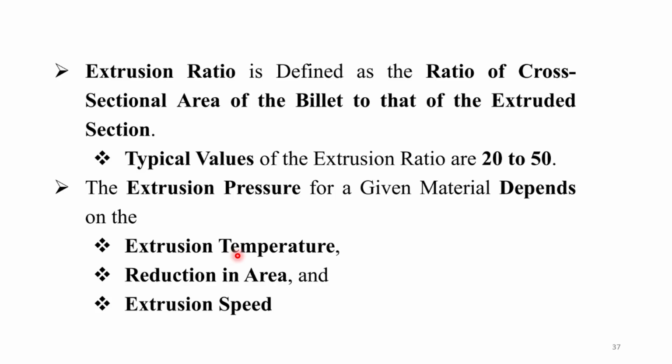As you keep on increasing the temperature, the required pressure will reduce, because at higher temperature your material will become easier to flow because of less viscosity and friction. As for reduction in area, in one go, how much reduction in area are you considering? If you are considering very little reduction in area, you will require very little extrusion pressure. Extrusion speed: as you keep on increasing the speed, you will require higher extrusion pressure.